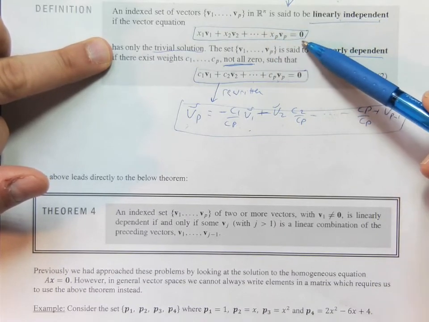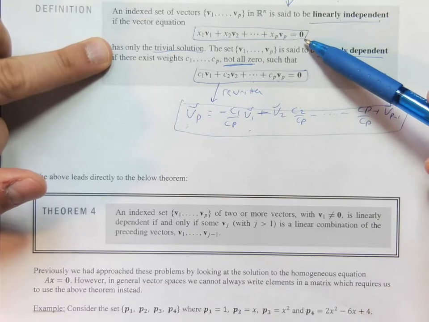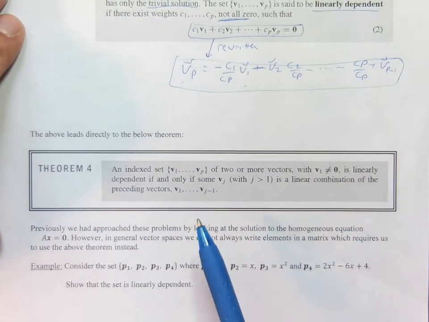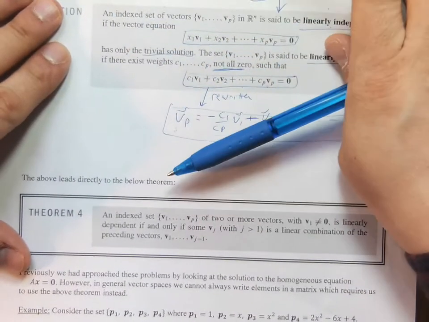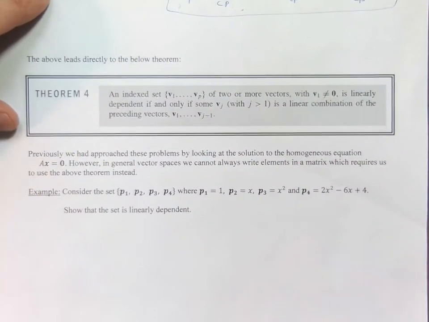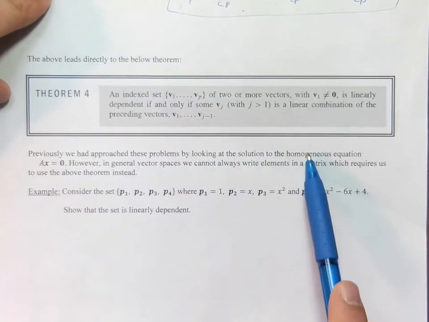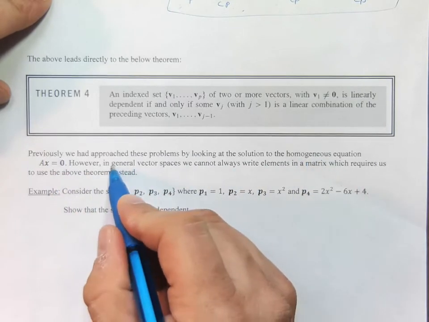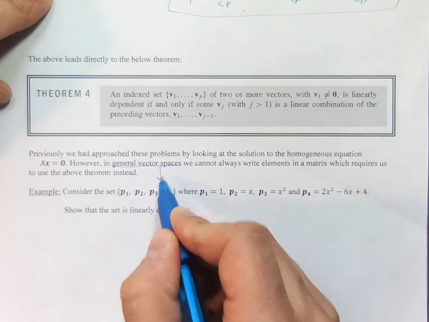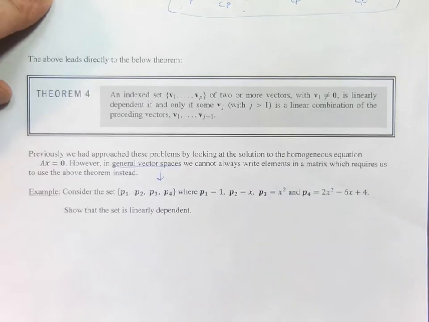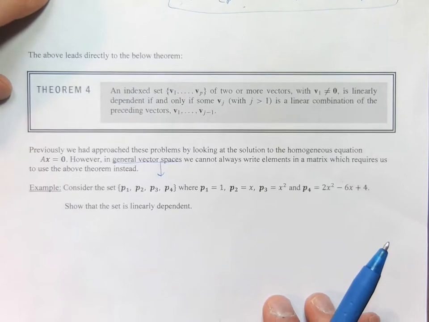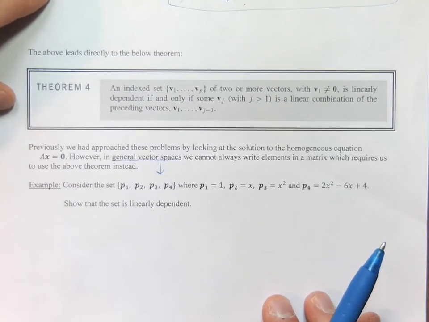This only works for vectors in Rn. If we have vectors not in Rn, like the example down at the bottom of this page, then we need to use this definition directly. Previously, we had approached these problems by looking at solutions to the homogeneous equation, but in general vector spaces, like the ones down here, we can't always write things in a matrix, and so sometimes we have to use this definition and this theorem to see whether or not something's linearly independent.